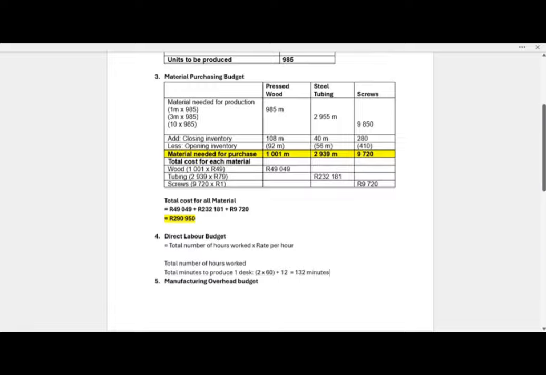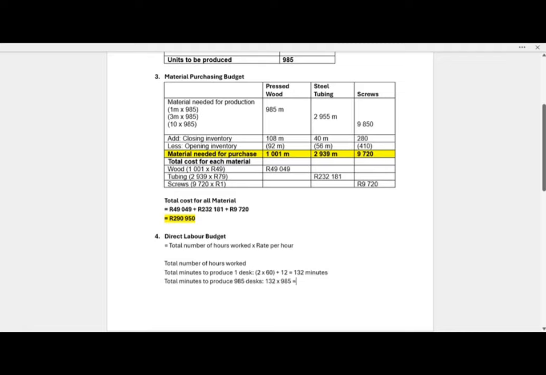132 minutes. Step number 2, I want us to calculate the total minutes required to produce 985 desks, which is going to be 132 minutes multiplied by 985.